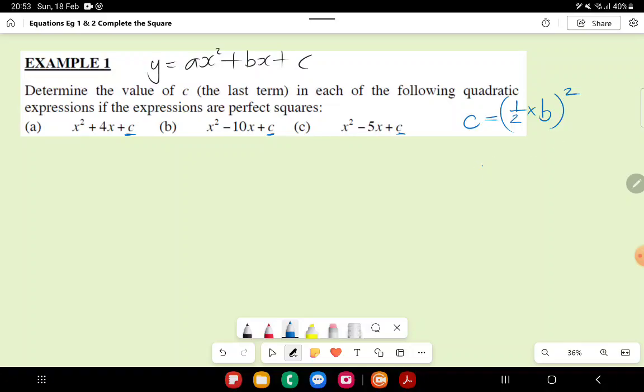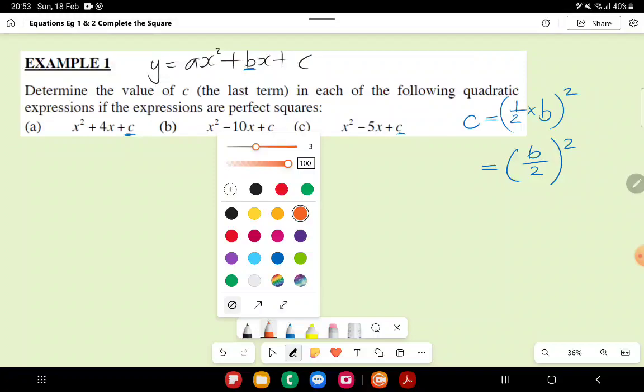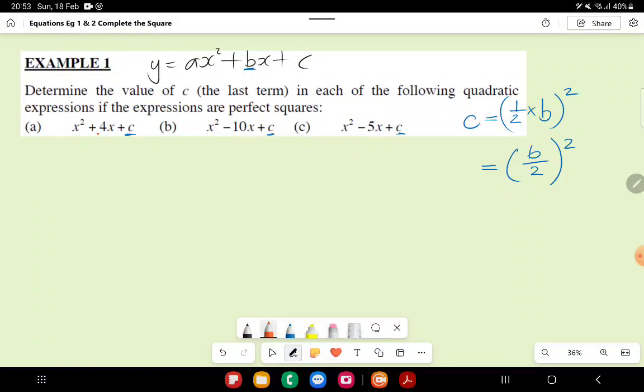Another way of writing this is b over 2 squared. Now, according to our formula, b is this middle term, which means that if I am going to look for b in my first question, b is going to be 4. In my second one, it's negative 10. My third one, it's negative 5.